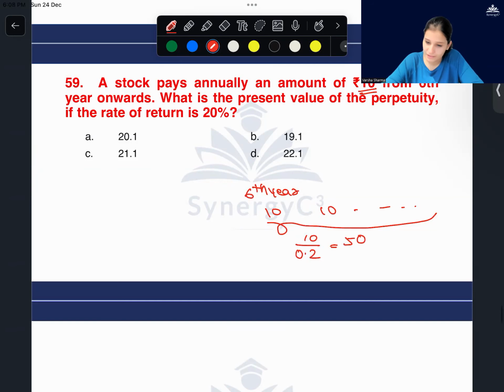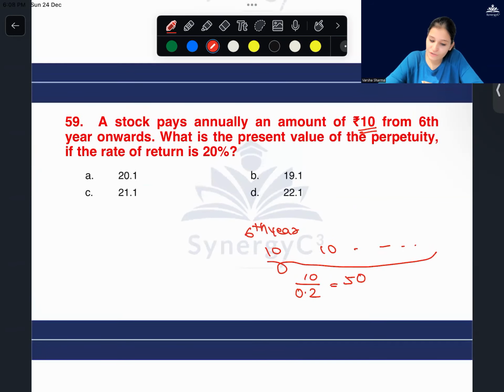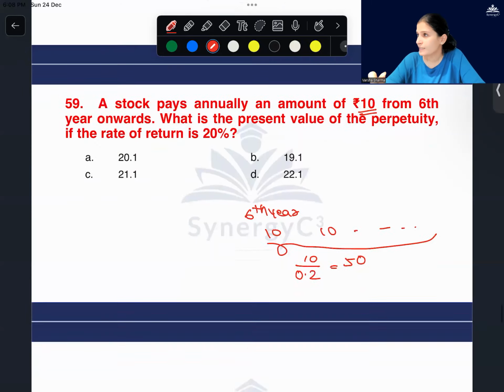Now let's read the next part. What is the present value of the perpetuity if the rate of return is 20%? But this is not my actual present value. Why? Because this is the present value that I've got at the beginning of the 6th year, not in the initial year. The beginning of the 6th year is the same as the end of the 5th year.